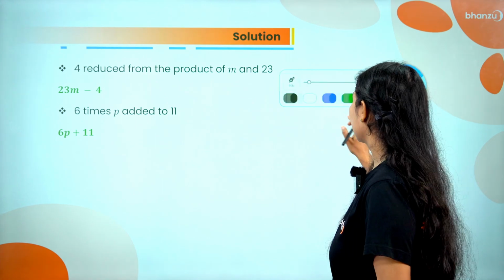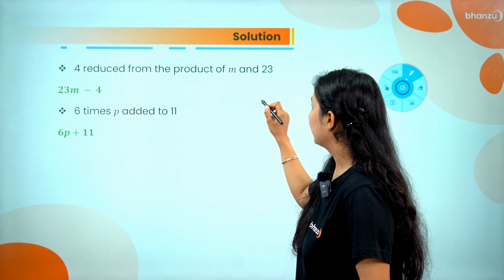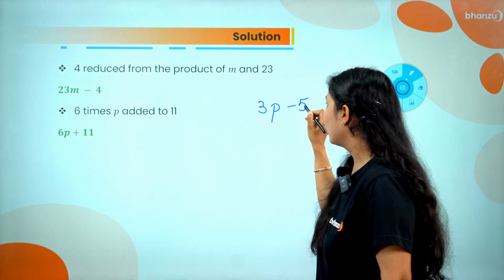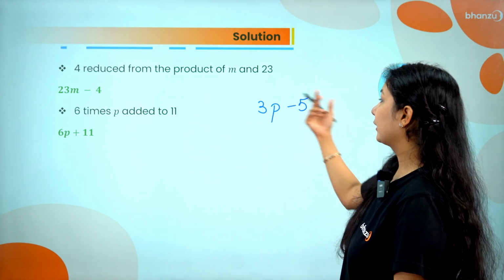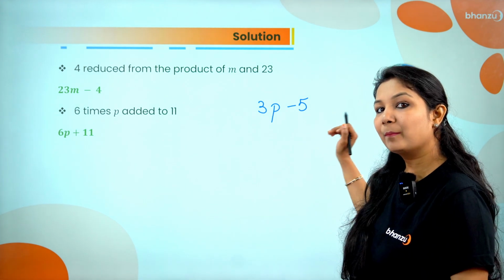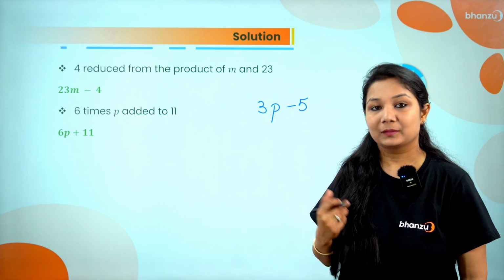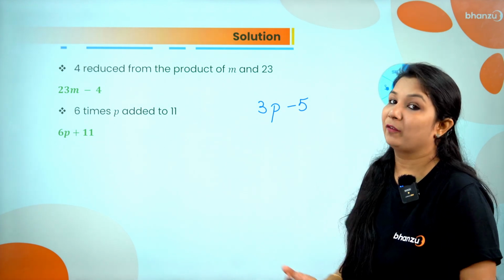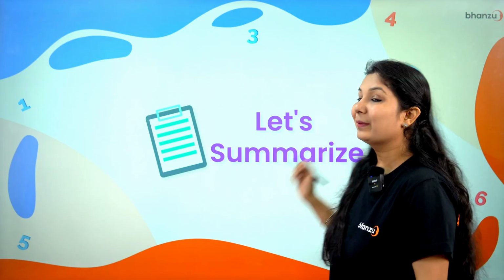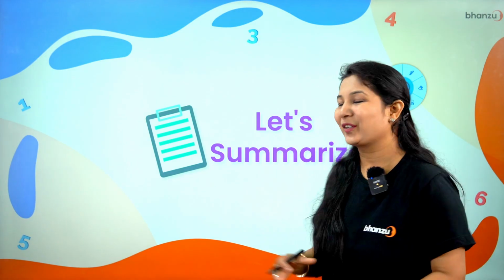If it's written 3p minus 5, what can we write? 5 subtracted from 3 times p, or 3 times p minus 5. There can be different ways to define it. Got it, everyone? So moving ahead, let's summarize what we had covered in today's session.